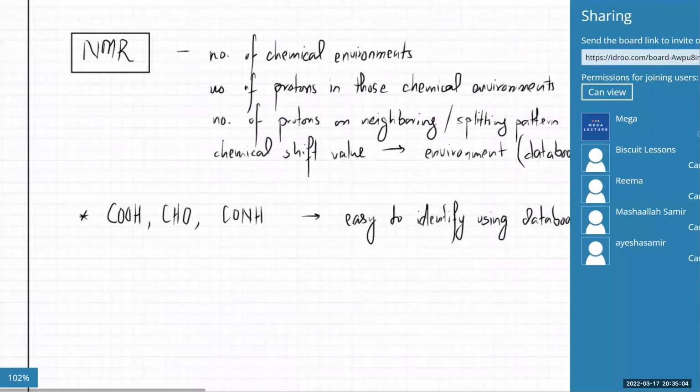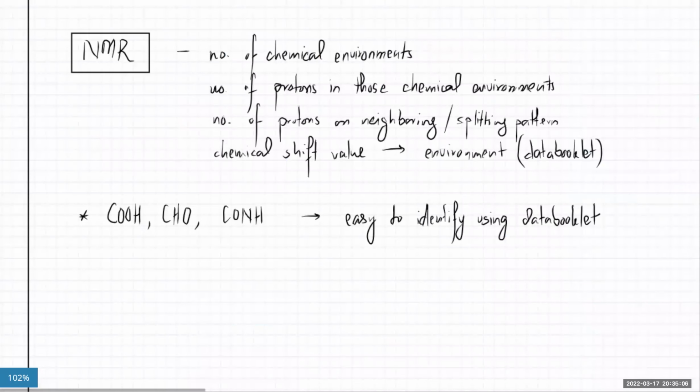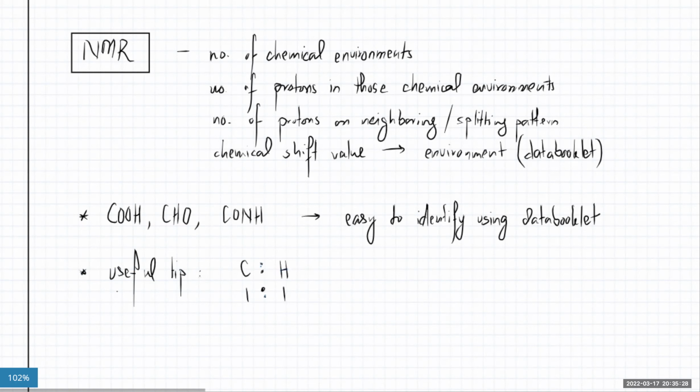I'll just add an extra tip: if the carbon and hydrogen ratio is close to 1:1, that would indicate the presence of benzene.